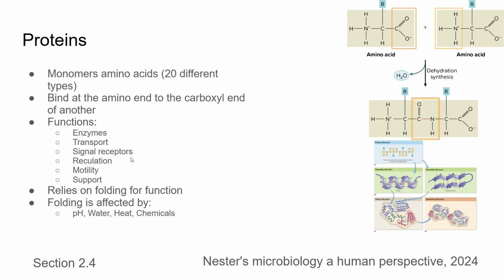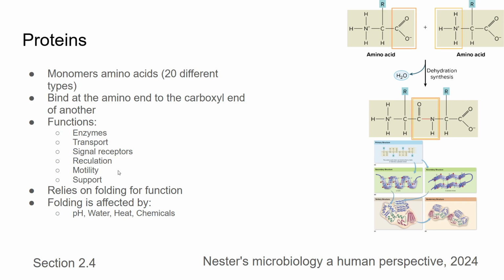Signal receptors are how organisms receive signals from each other. Motility allows the protein or the organism to move, and support is going to just create the structure for a cell.